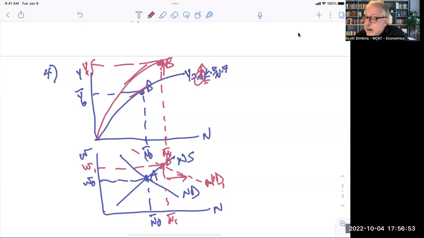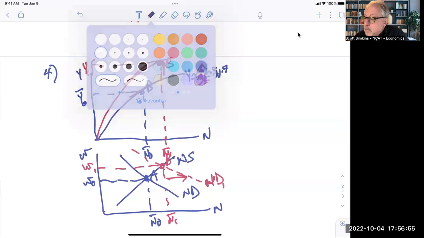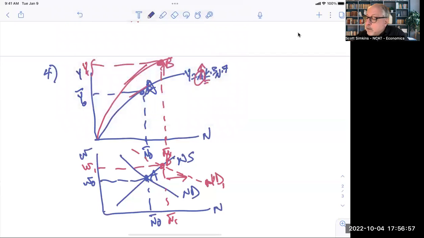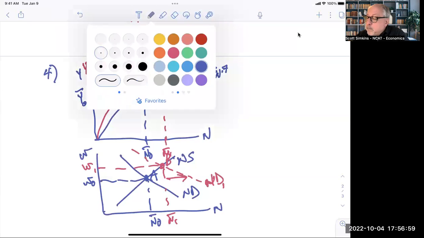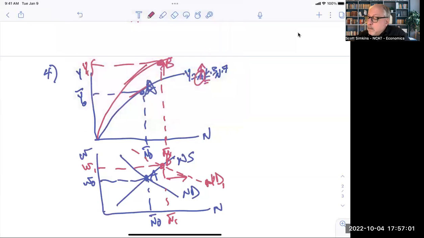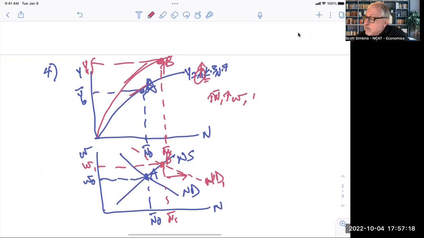I'm sure that should have been A back here. Starting point, right? So there's an increase in employment, right? The full employment level of employment. It's an increase in the real wage, right? Which increases living standards, as people can buy more stuff with their hours of work, higher wages, and an increase in potential GDP.